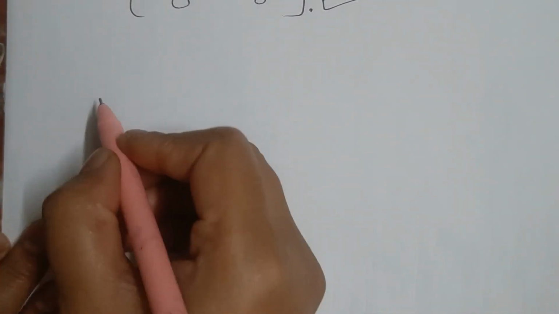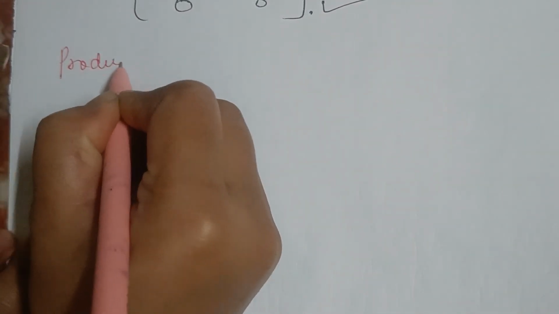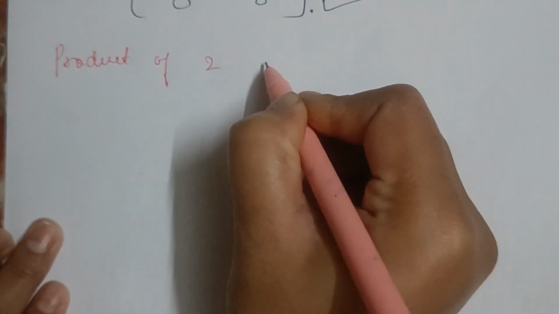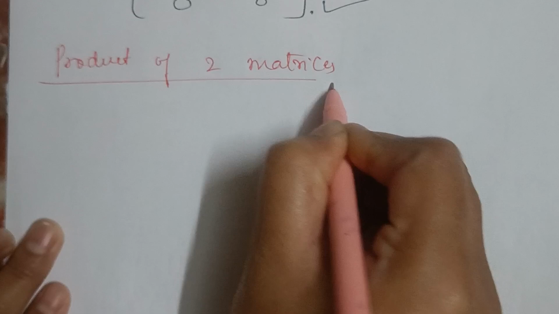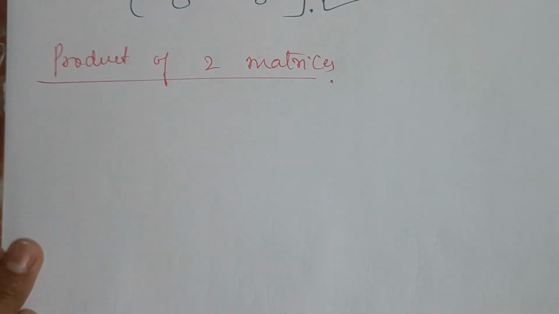Now we will see the product of two matrices. How to find the product of two matrices. So I'll write the definition here.